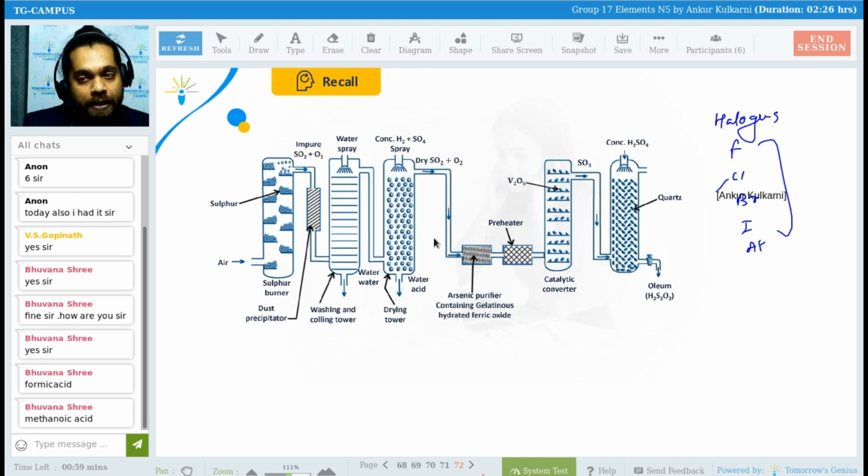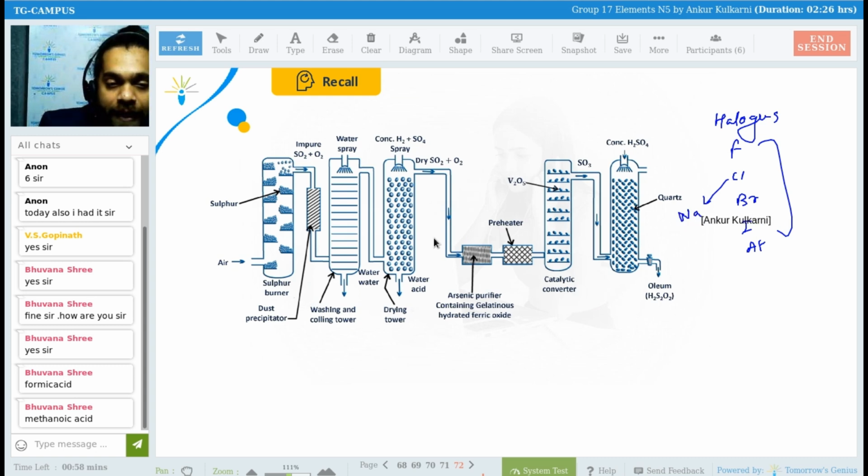For example, chloride. What is the main source of chloride? Where do we get it? At our home. Chlorides. We get it from NaCl. And NaCl, the salt. From where do we obtain salt? Why is it so cheap?